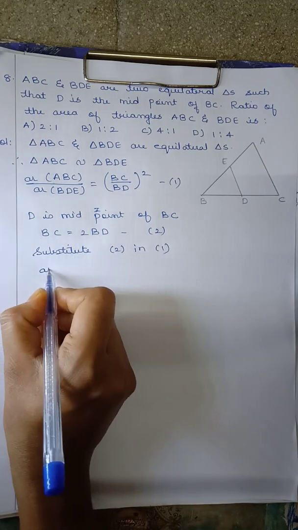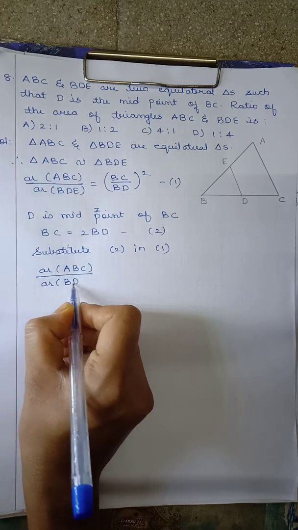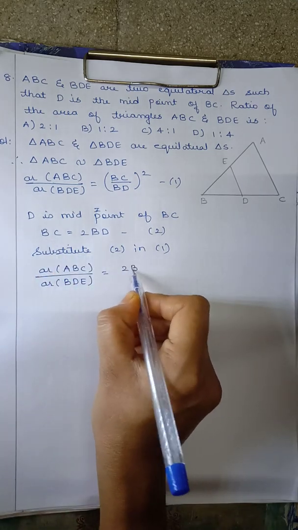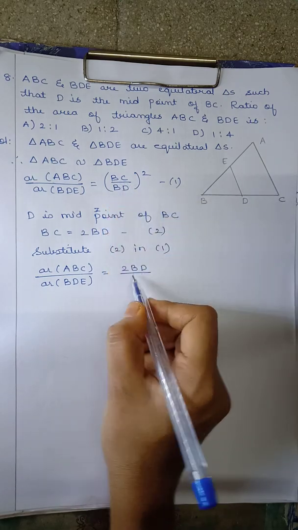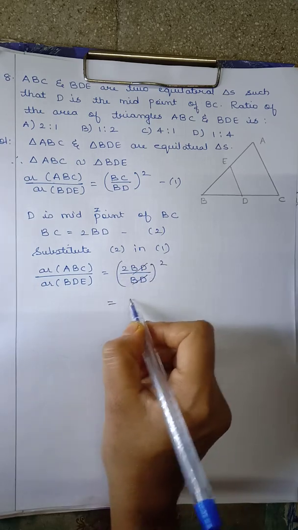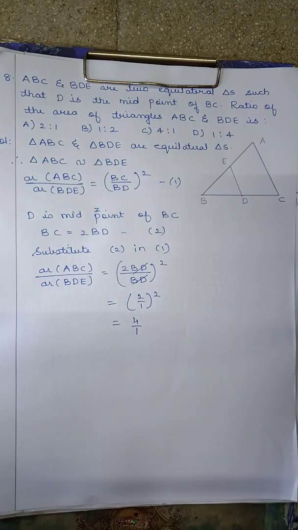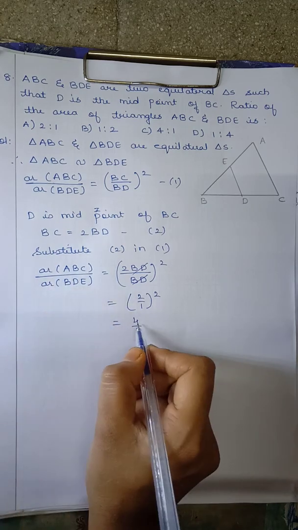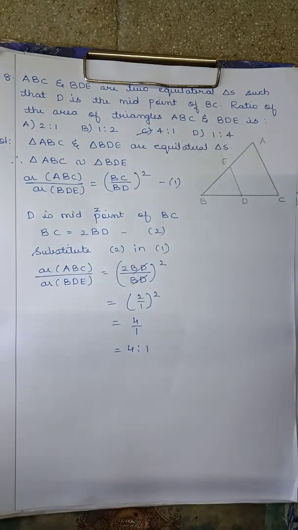We will get area of ABC upon area of BDE is equal to, in place of BC I have substituted twice of BD, and the denominator is BD itself, whole raised to square. So BD will get cancelled. You will get 2 by 1 whole raised to square, that is 4 by 1. So we got the ratio of ABC upon BDE as 4:1, children. So the correct option is C, 4:1.